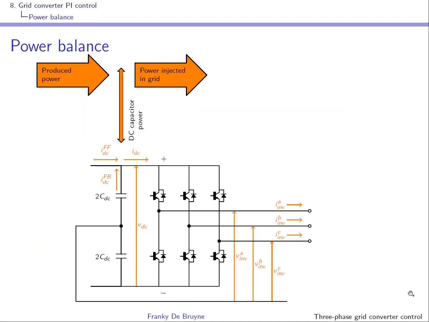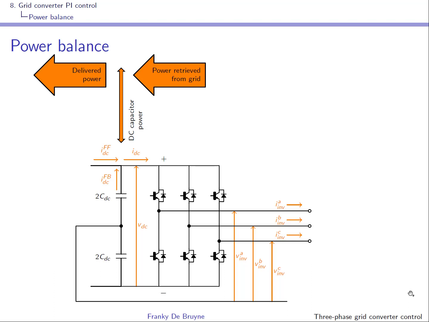Remember that in some applications there is power that is produced and dumped on the DC bus. The DC bus controller will have to inject this power into the grid. In other applications there is power that is delivered to some application, for instance a motor, and this power is withdrawn from the DC bus.